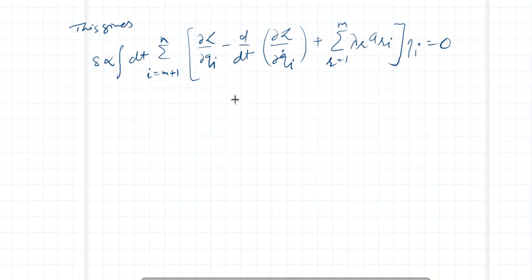So now η_i in this part is from i equals m plus 1 to n, because for 1 to m we have chosen in the above part that this part will be equal to 0.